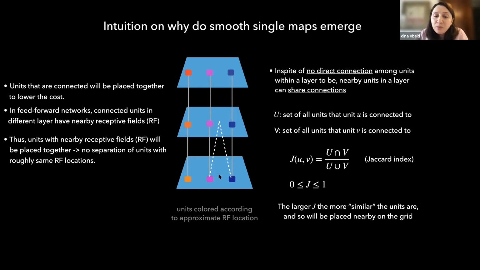If I have 2 units, U and V, and I define capital U to be the set of all the units that unit U is connected to, and capital V to be the set of all units that unit V is connected to, then I can compute the Jaccard index as the intersection of these 2 sets divided by their union. So you will have 0 if they don't share any connections, and 1 if they're exactly the same. The larger that index, the more, quote unquote, similar the units are. And therefore they will be placed closer together on the grid.